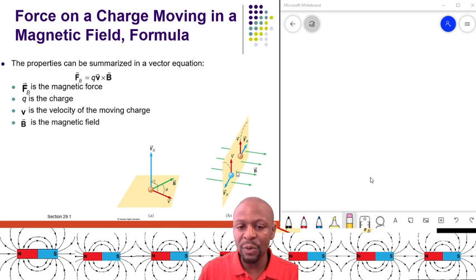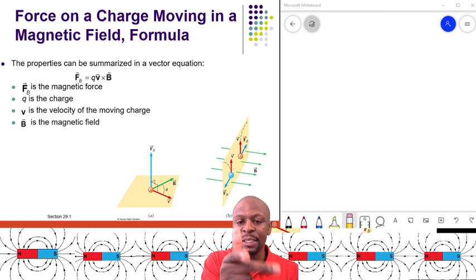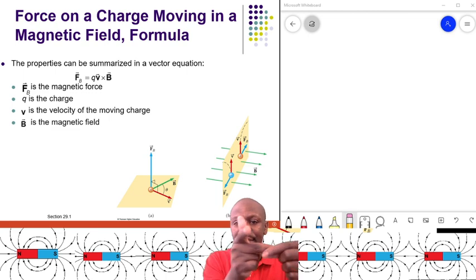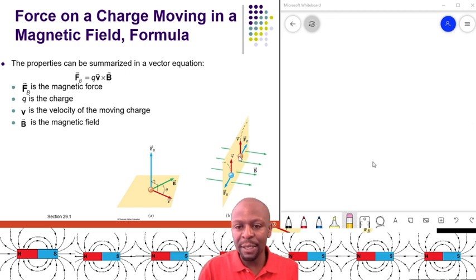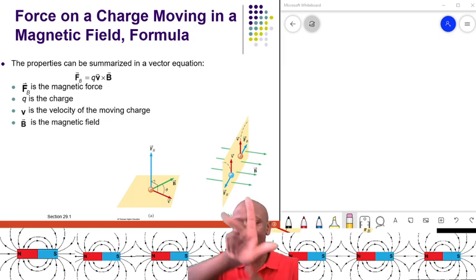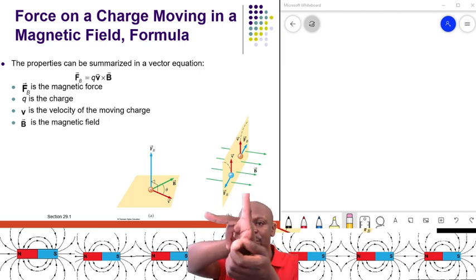In this case, when you have a positive charge, this is my magnetic field, this is the velocity of the charged particles, and this is my magnetic force. For example, take this positive charge in the region of magnetic field B. The velocity is going up, but the magnetic field is going in that direction.